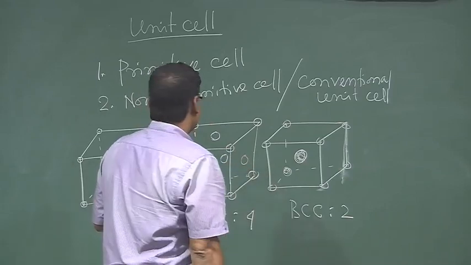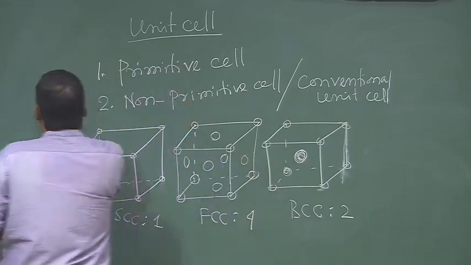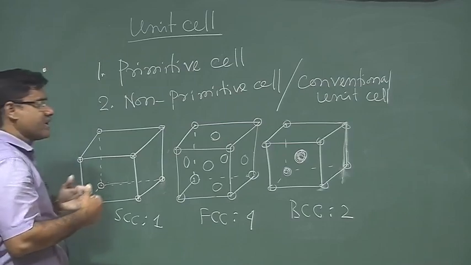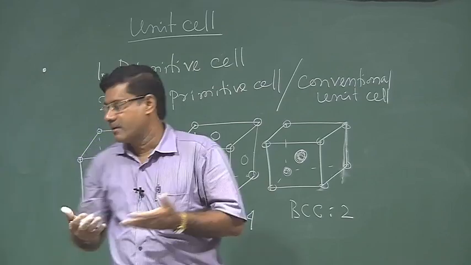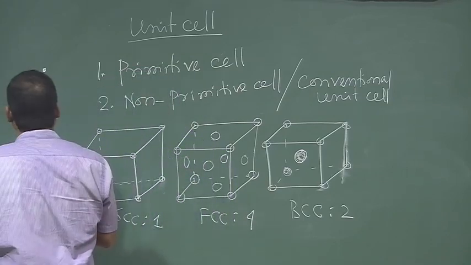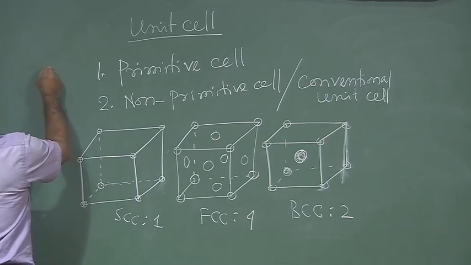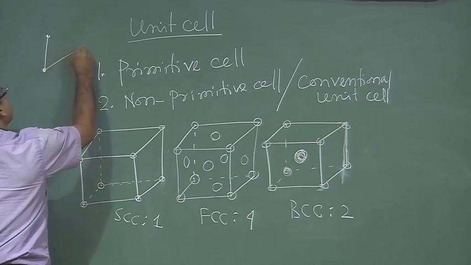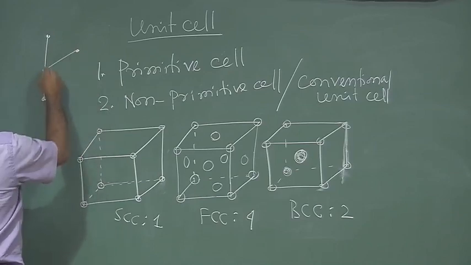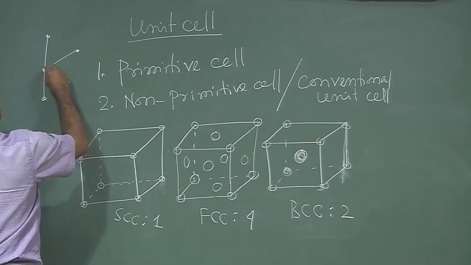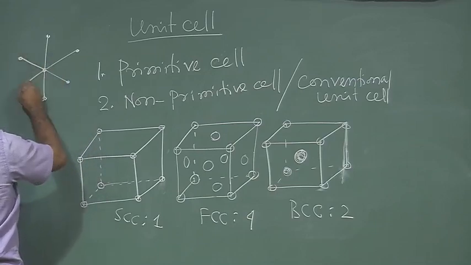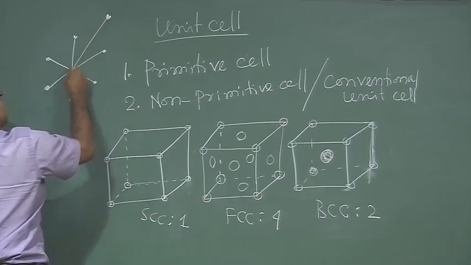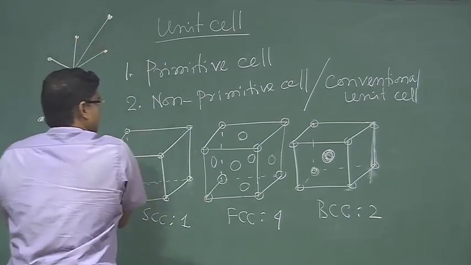There is a method to construct the primitive unit cell from any lattice. Take one lattice point and connect it to the other lattice points surrounding it in the 3-dimensional lattice.